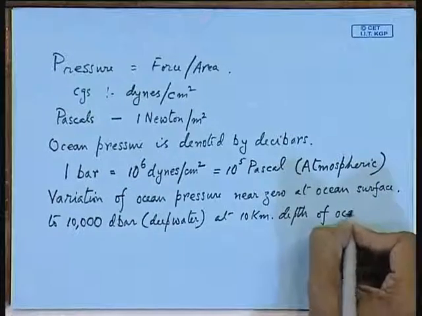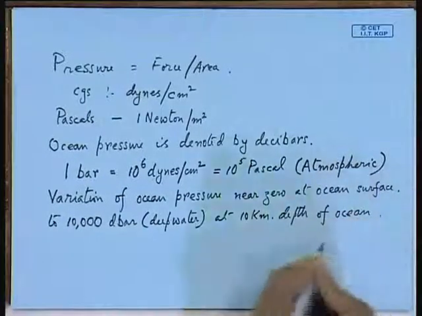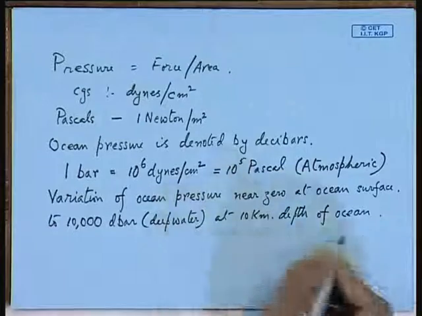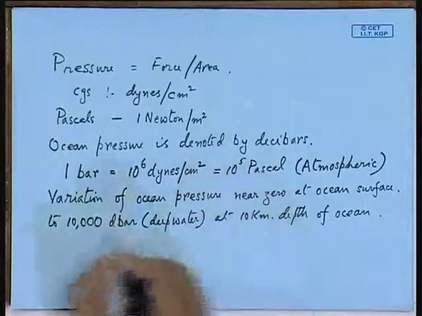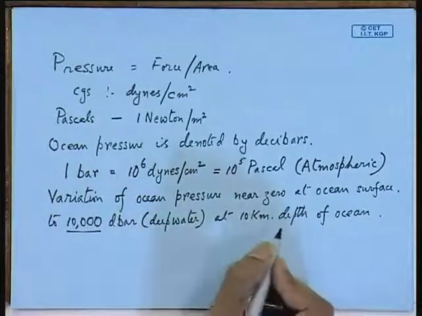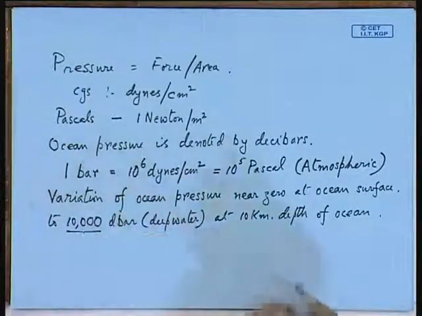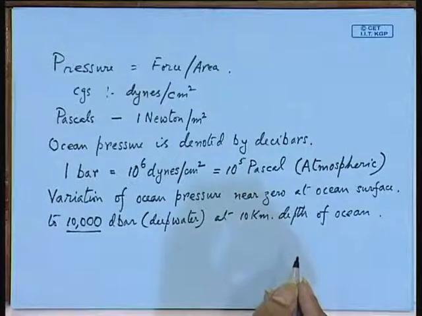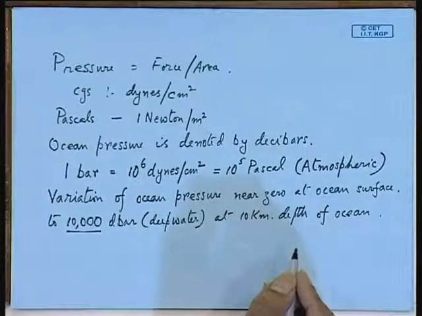So, whenever you are engineering any object down below, especially in the deep waters, you have to take account of this huge pressure. On the order of 10,000 decibar means 1000 times atmospheric pressure. 1 decibar is roughly 1/10 of an atmospheric pressure.